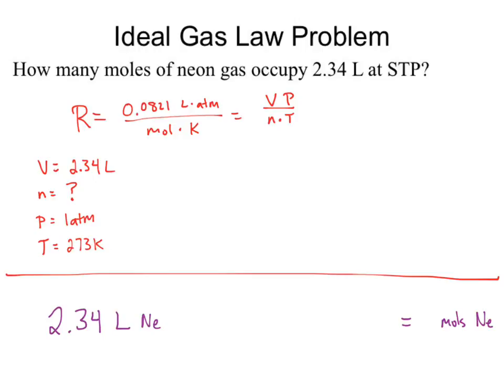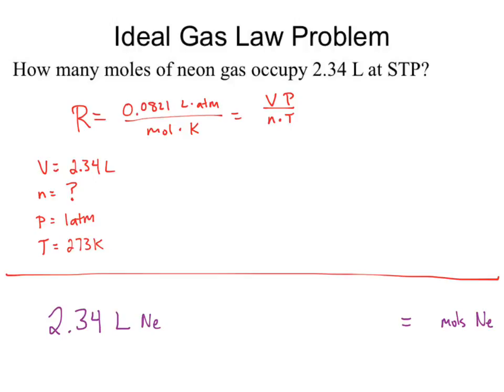So we would write down our ideal gas constant, 0.0821 liters times atmospheres per mole Kelvin, which then tells me I need volume times pressure over NT equals my gas constant R. I would write down all the values I'm given. I'm given volume. I'm told that I need to solve for moles. Am I given pressure and temperature?